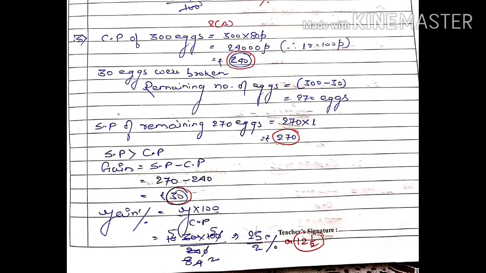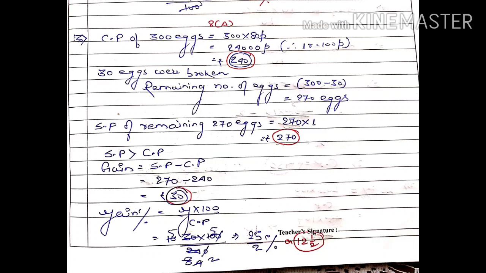Look at here the solution. Cost price of total 300 eggs at 80 paise, so we can change into rupees. So 240 rupees is cost price and 30 eggs were broken, remaining eggs 270. The remaining eggs he is selling at 1 rupee, so 270 eggs are remaining, so total money 270 rupees.